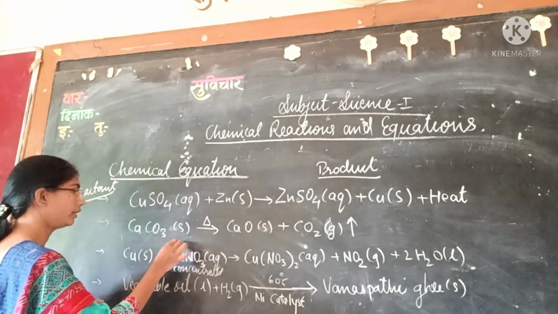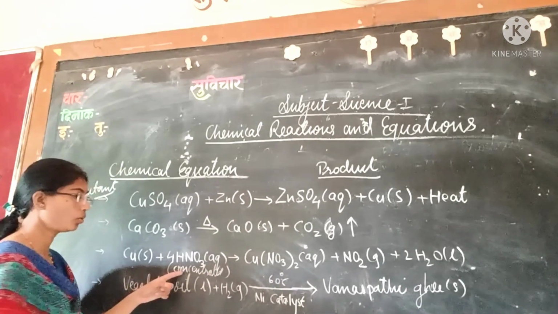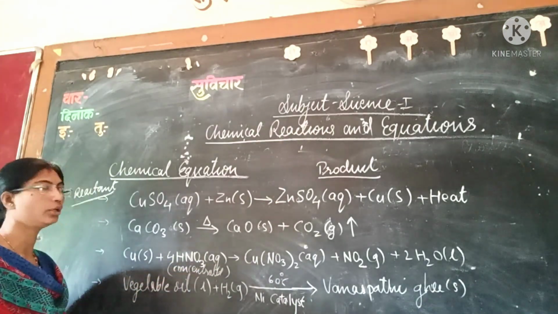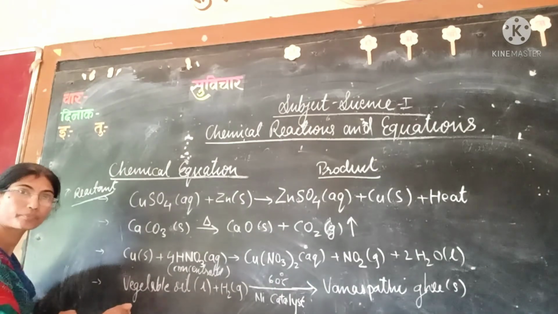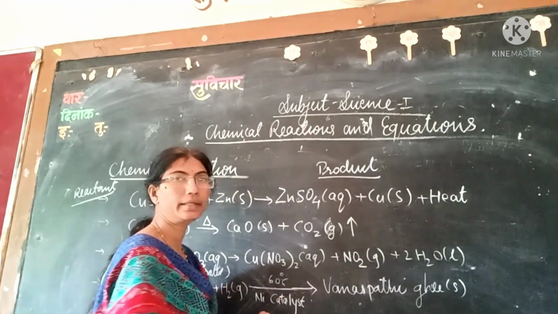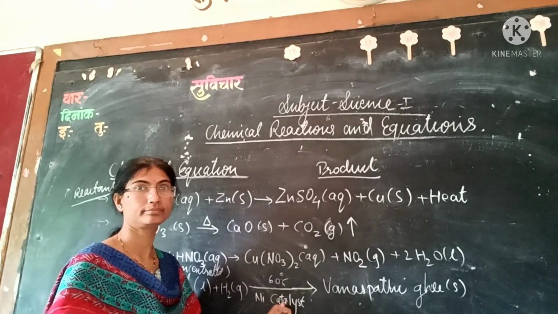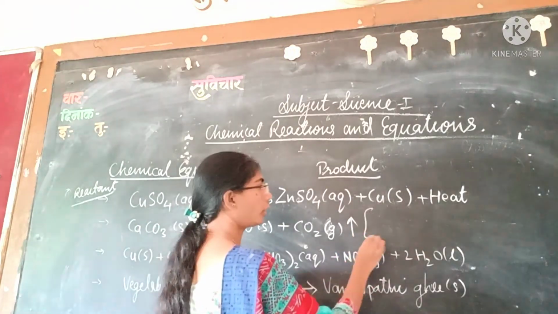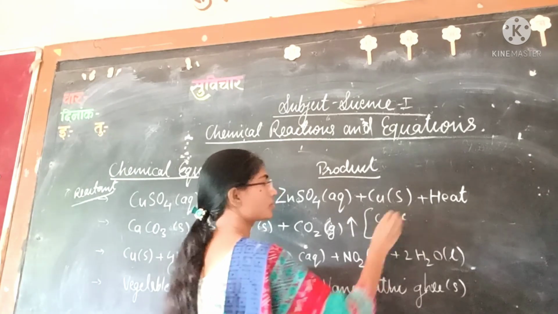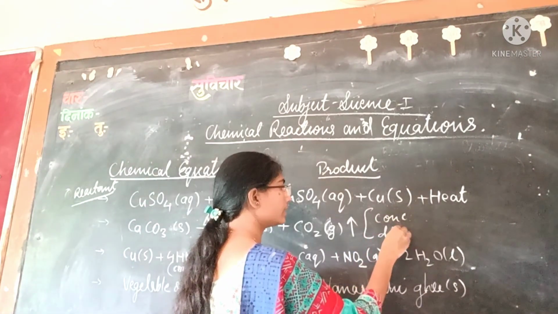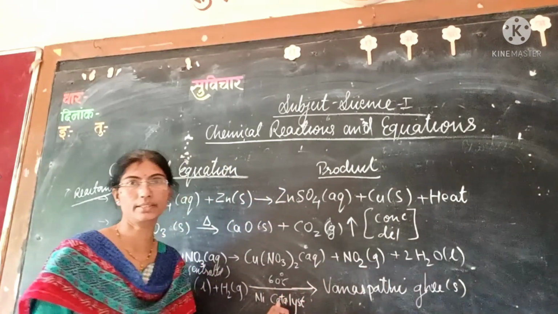In short, we write CONC, and in the case of dilute, we write DIL, or write it in full.